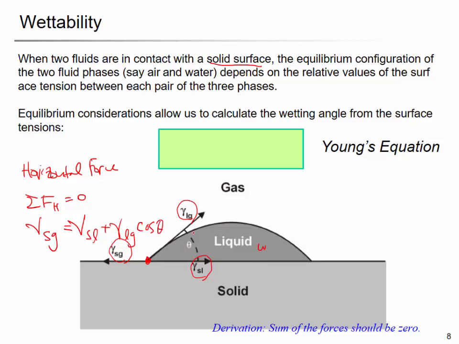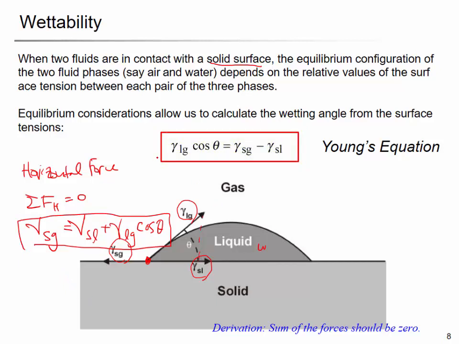If you multiply the cosine theta to this gamma LG, then you have a horizontal force component. And this is called the Young equation, or the Young-Dupré equation. So this equation is derived from the force equilibrium.